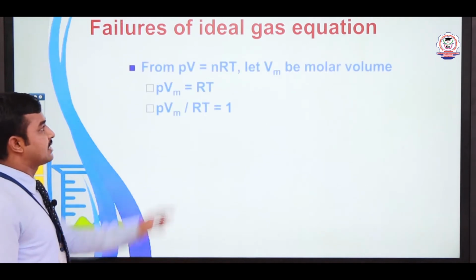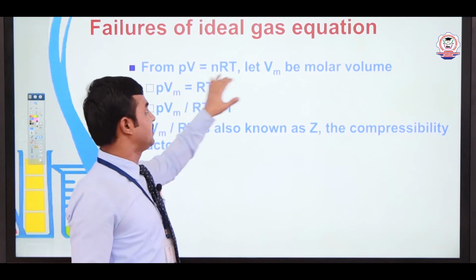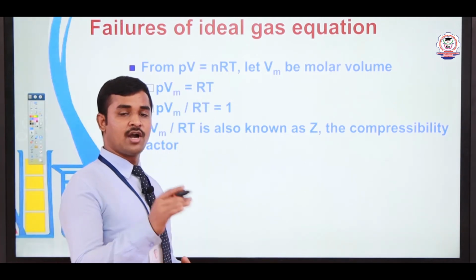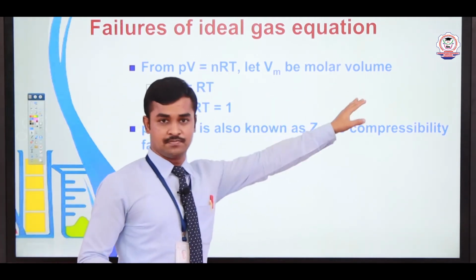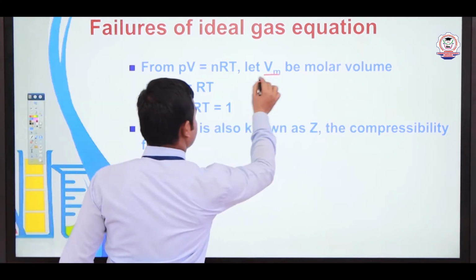First, the ideal gas equation fails. In the ideal gas equation PV = nRT, the volume represents the molar volume, so we can write Vm as the molar volume.